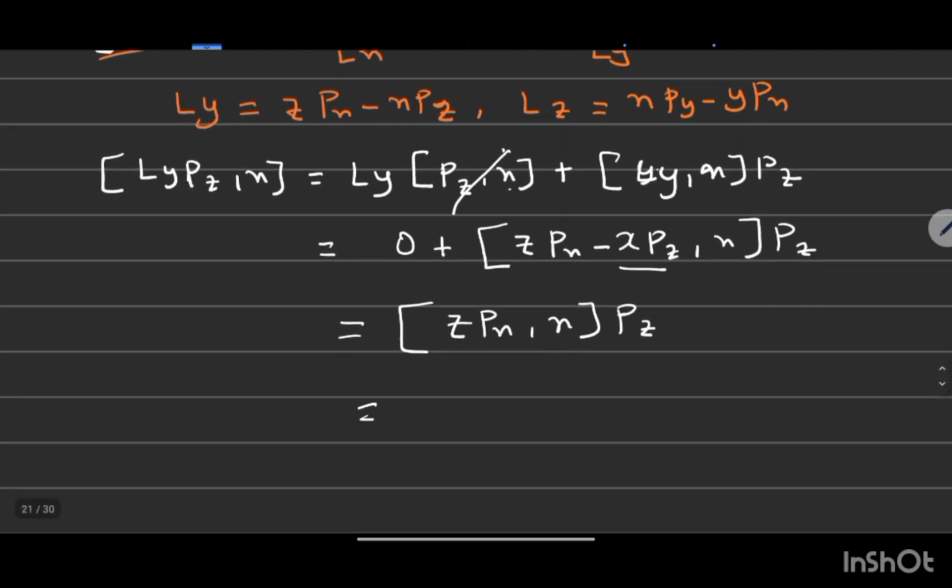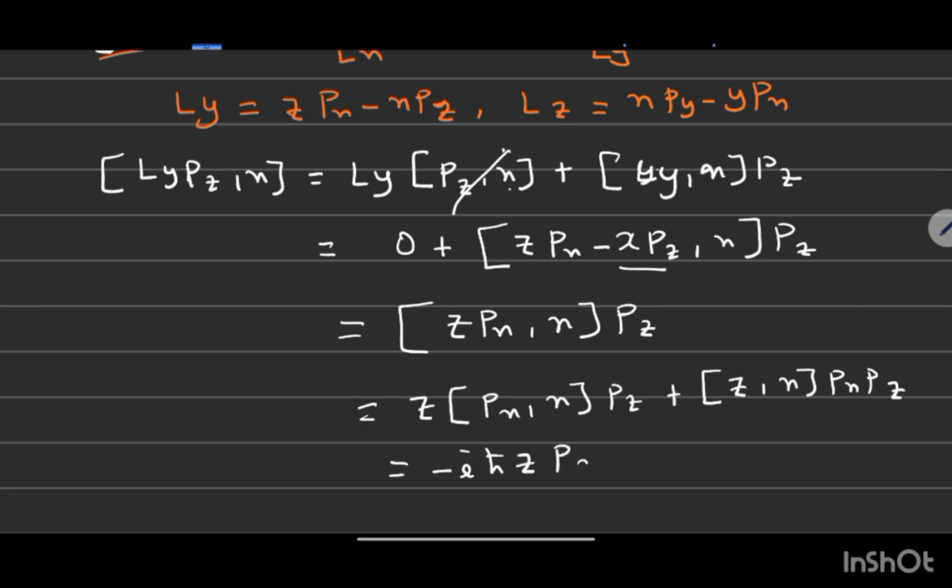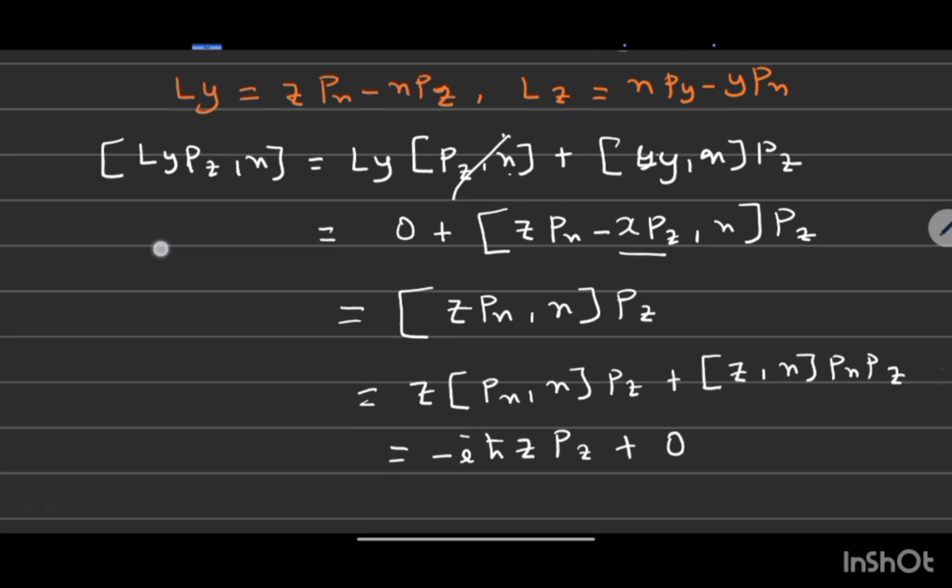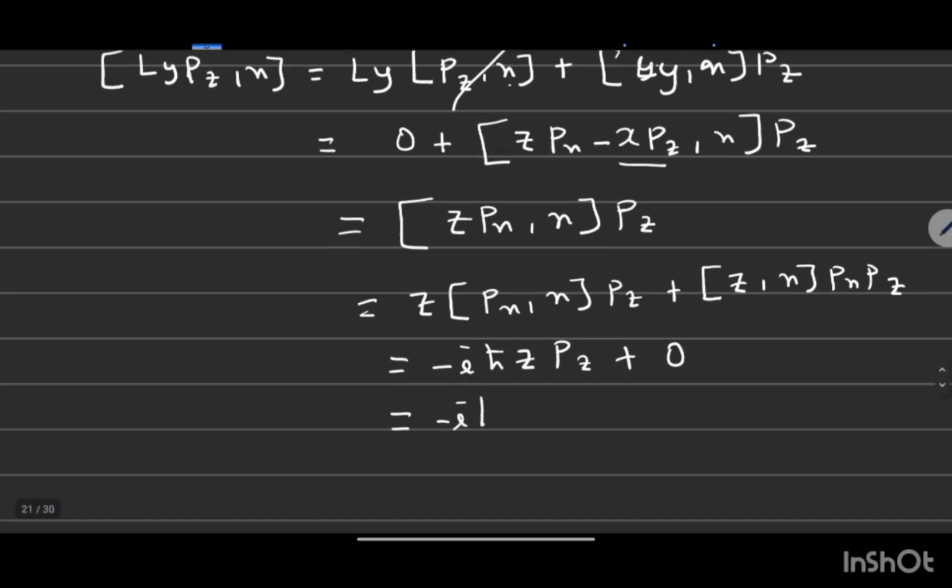This can be written as z times Px comma x into Pz plus z times x comma Px into Pz. The commutation relation gives minus i h cut times z Pz, plus the other term, which commutes and is 0. So your answer is minus i h cut times z Pz.